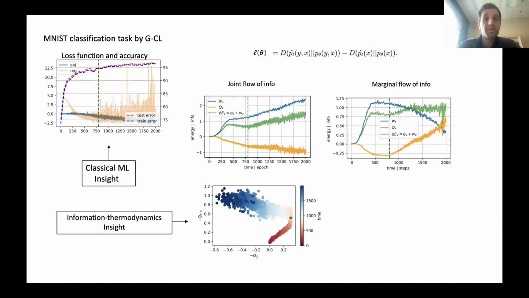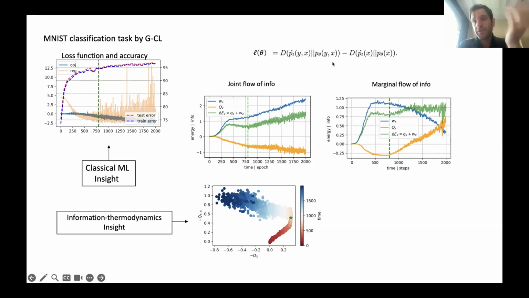This is a generative classifier, and I just want to make sure that everyone knows what a generative classifier is. The usual classifier that you use learns a conditional distribution. That's called a discriminative classifier. In the generative classifier, you learn a joint distribution and a marginal, and the ratio between the joint and marginal is, of course, your classifier.